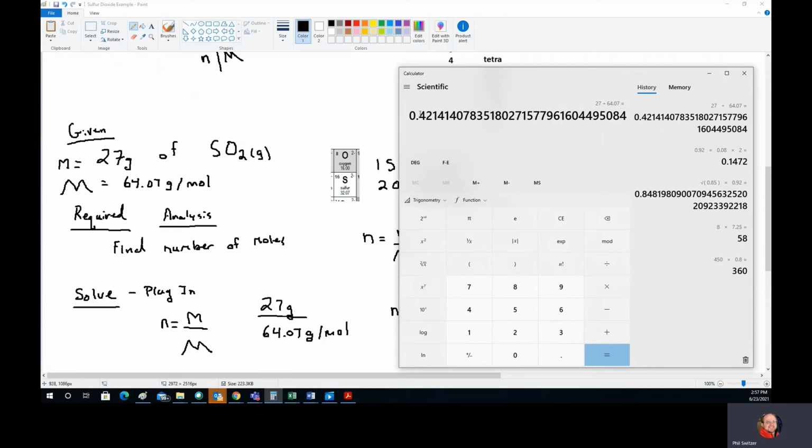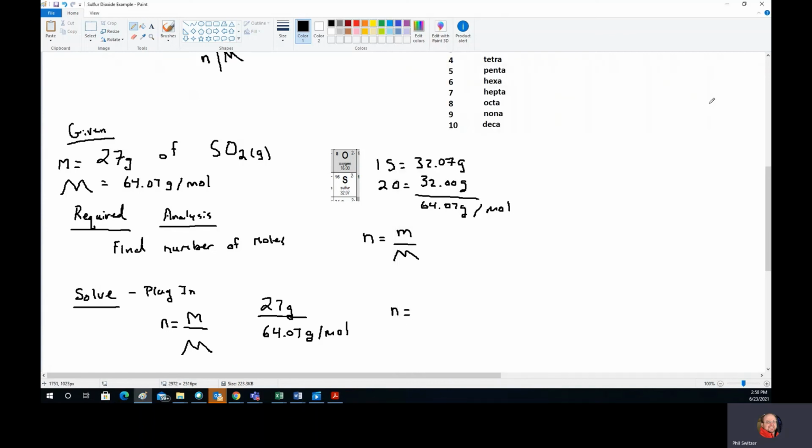So we only need to go to 2 digits here. So 0.42, and we either round up to 0.43 or we round down to 0.42. I think you can see that we round down, right? So it's just going to be 0.42 moles. Well, not even quite half a mole, but it's getting there, I guess. 0.42 moles. Put the units.